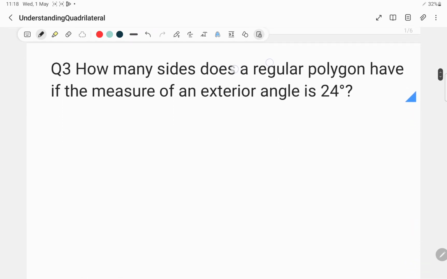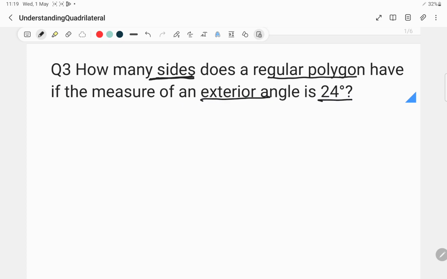Now moving on to question number 3, it says how many sides does a regular polygon have if the measure of its exterior angle is 24 degrees. In this question, the exterior angle is given to us, and we have to calculate the number of sides. The steps of the solution will be the same. First we'll write the formula.